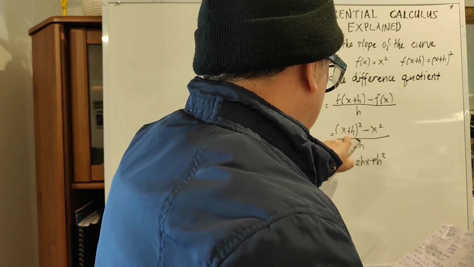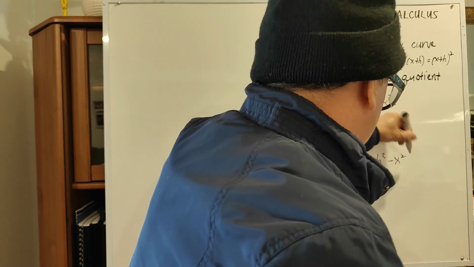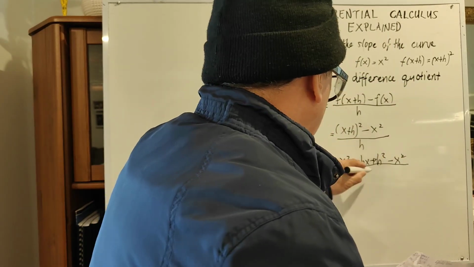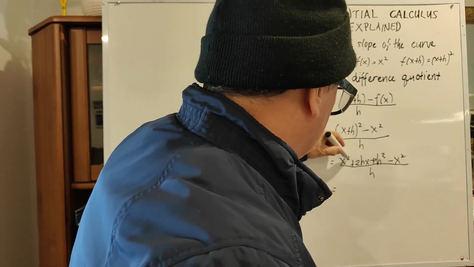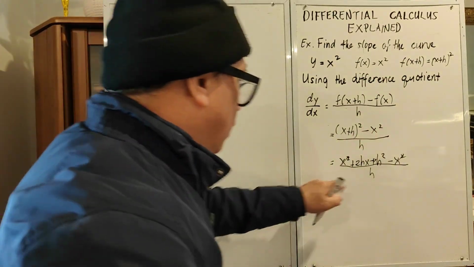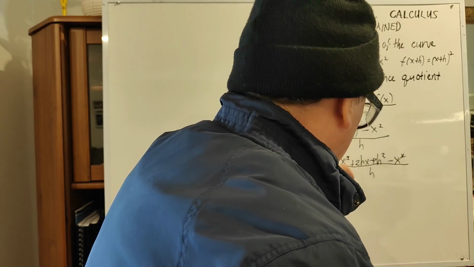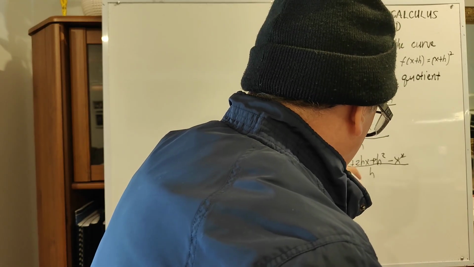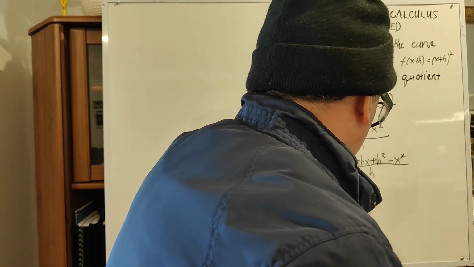So this becomes this, minus x squared, all over h. Now x squared minus x squared will cancel out. So what we have left is 2hx plus h squared all over h.